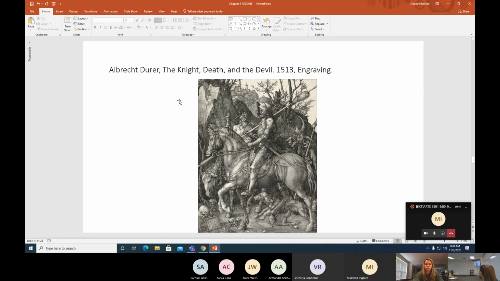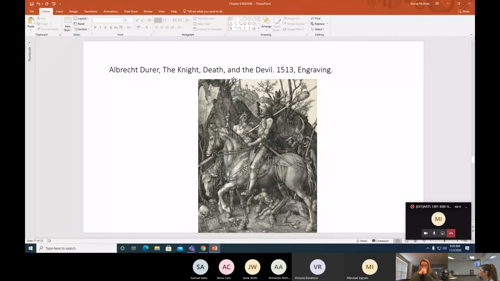And here's another Albrecht Dürer. This is The Night, Death, and the Devil. This one was not done for informational purposes. This one was made for artistic purposes. Albrecht Dürer did a lot of prints based off of the idea of hell. This was done during the Renaissance period once again, which was when new religions were popping up.